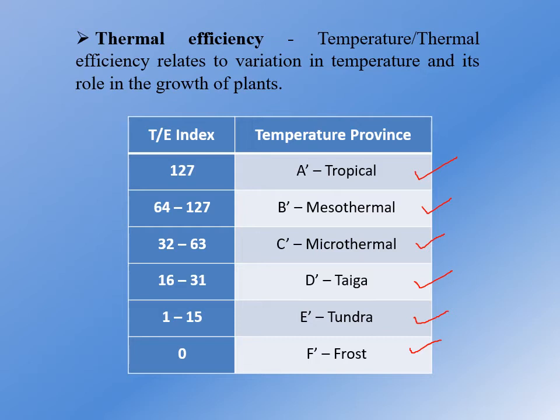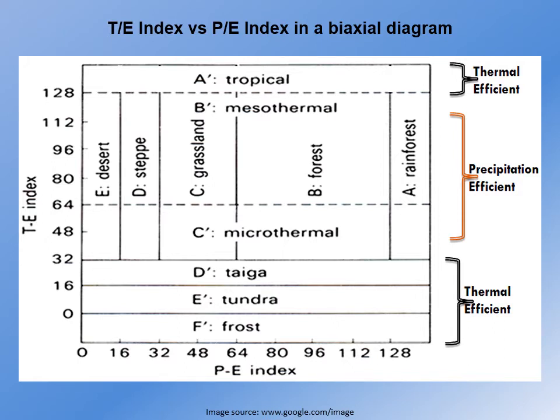Now, if we plot the combination of these T by E index and P by E index in a binary diagram, along the y-axis, Thornthwaite plotted the temperature effectiveness values, and accordingly he found the six different temperature provinces, that is the tropical, mesothermal, microthermal, taiga, tundra, and frost.